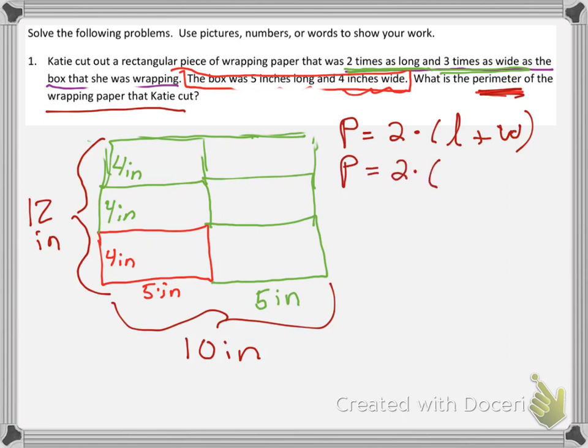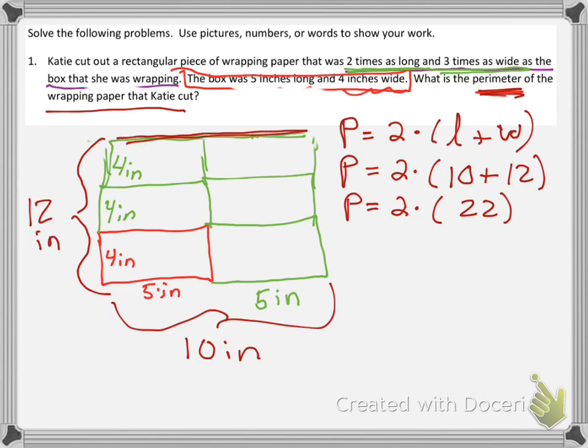The length is 10 inches, and our new width is 12 inches. Let's continue it. 2 times what's in our parentheses, it's 22. And because we have another side of 10 and 12, that's why we're multiplying it by 2. P equals 44 inches.